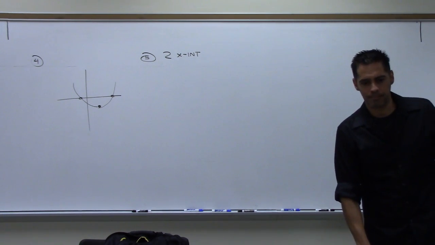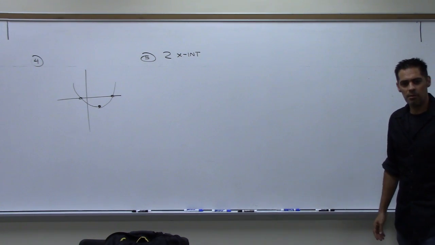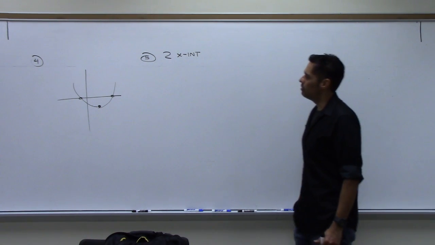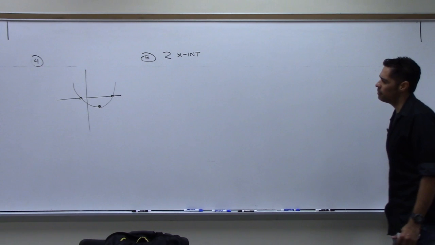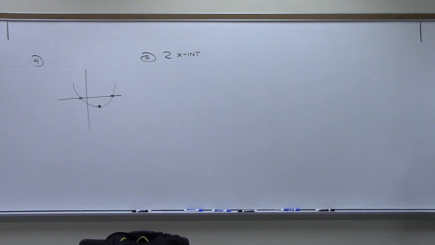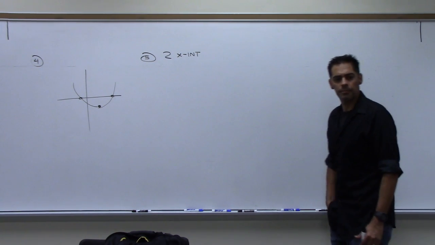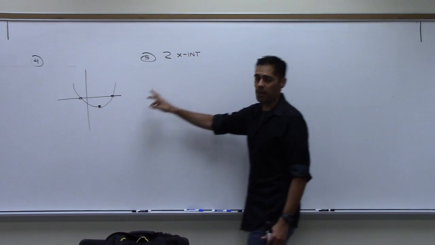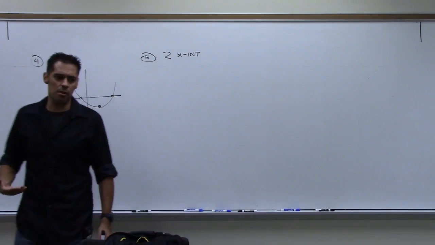Where are we at? Bianca, you've been out for a while. You okay? All right. So you want to help us with what we do for step 5 now? Is that how many X-intercepts? Yep. So we already know we have 2 from this, right? And then since we have 2, what are we going to do?